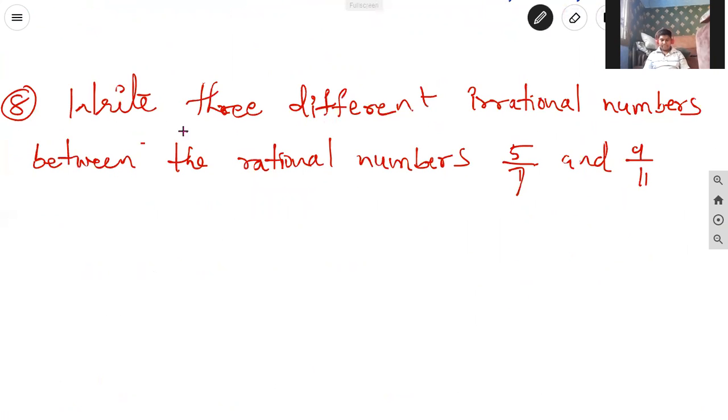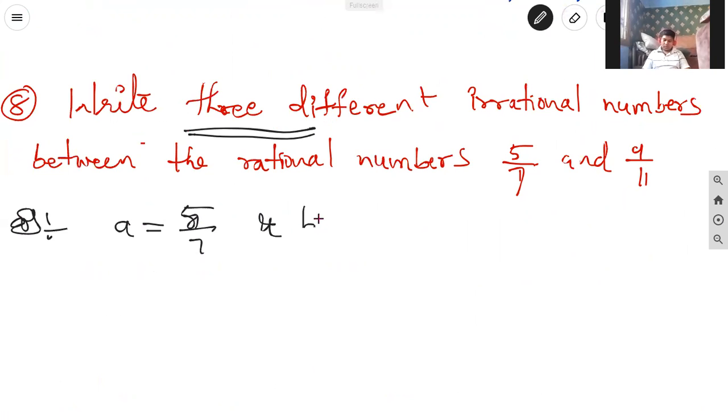Next, eighth question. Write three different irrational numbers between the rational numbers 5 by 7 and 9 by 11. We can take a equal to 5 by 7 and b equal to 9 by 11.